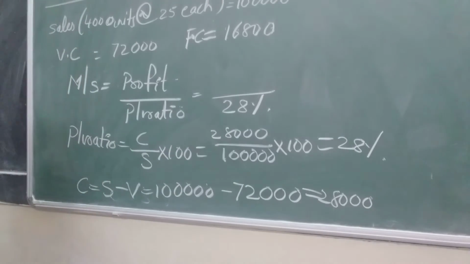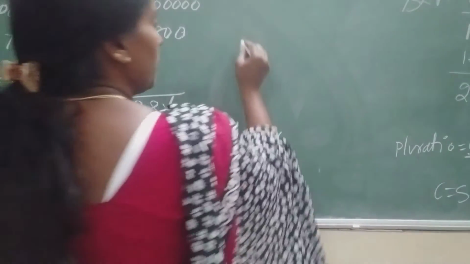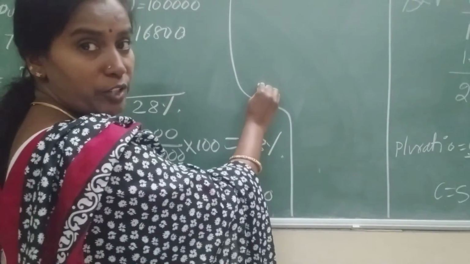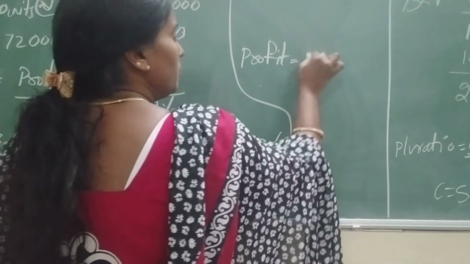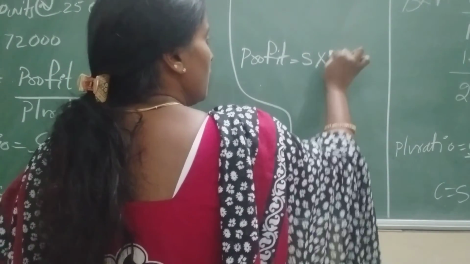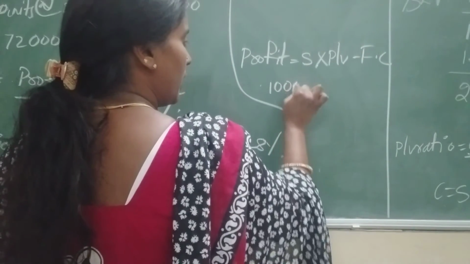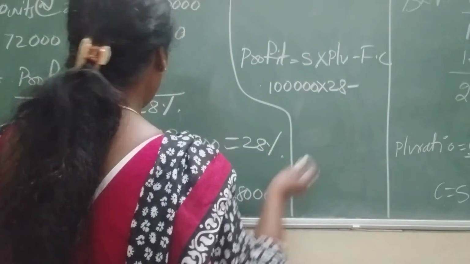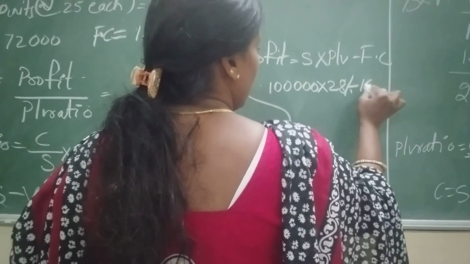So we should calculate profit again. Okay, so for calculating profit, one more formula is there. What is the formula for profit? Profit is equal to sales into PV ratio minus fixed cost. Sales is how much? 1 lakh. PV ratio is 28%. Okay, and the fixed cost is how much? 16,800.